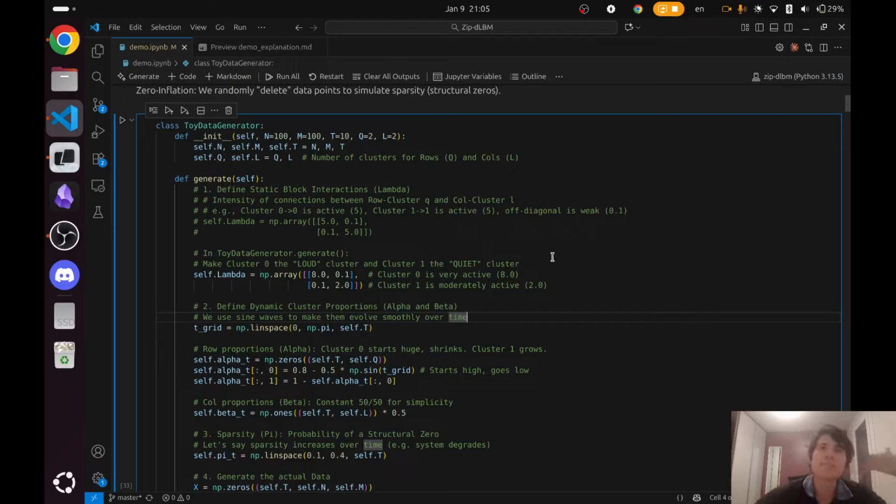But the model is not between nodes, but rather between blocks of nodes. So you can assign a label, like a cluster, to the rows of the nodes and to the columns, and then you can understand the dynamics of how the rows interact with the columns when they belong to a certain group. That's the basic intuition.